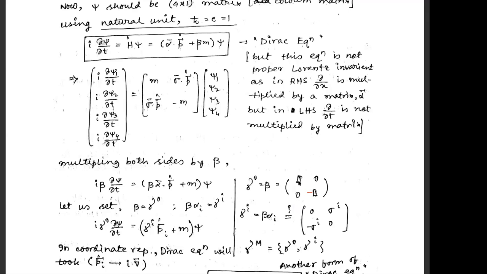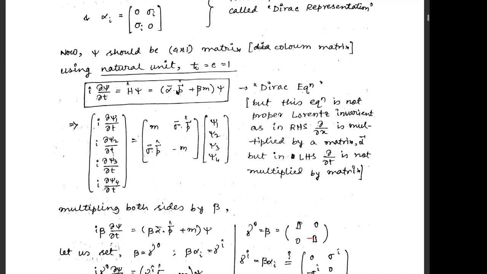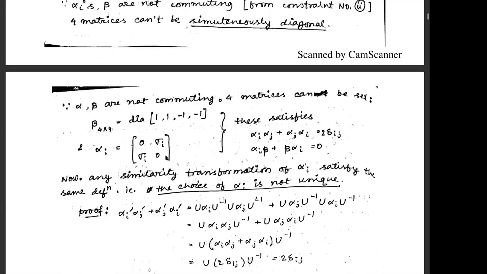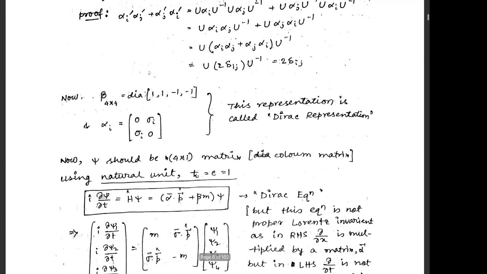So my beta is identity, minus identity, and my alpha is 0 sigma i, sigma i 0. This is my choice. Now, if I want to write down the Dirac equation, what is that?